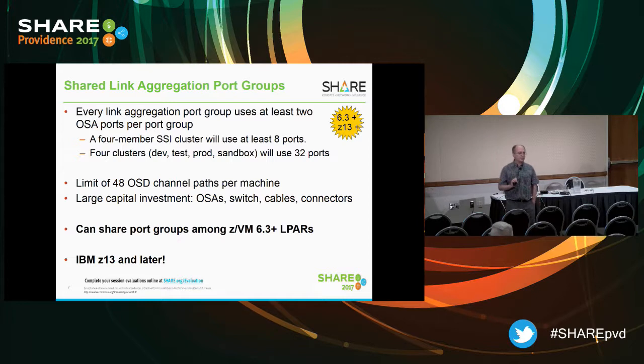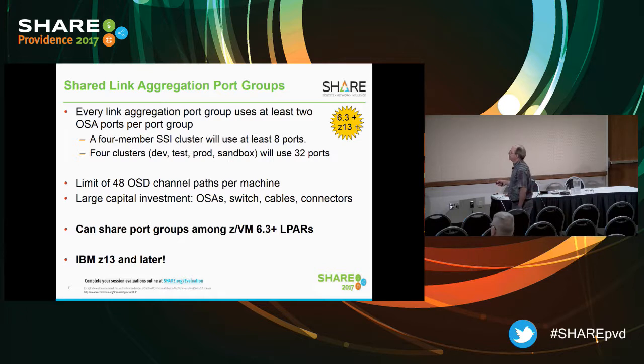z/VM 6.3, 6.4, and you need a z13 or a z14. It takes hardware. It takes OSA changes to make it happen. And what this means is that, for example, a 4-member SSI cluster will use at least 8 ports, typically. Why? Because I'm going to have 2 ports per member.